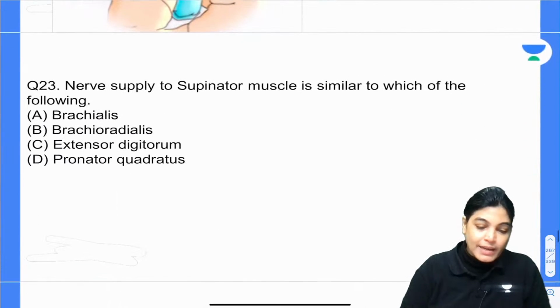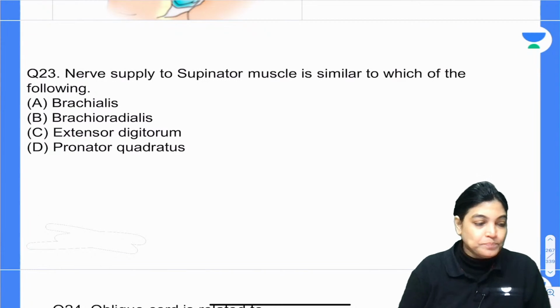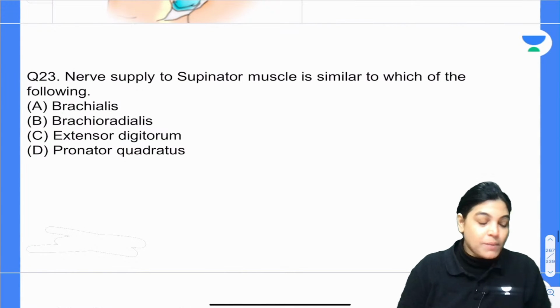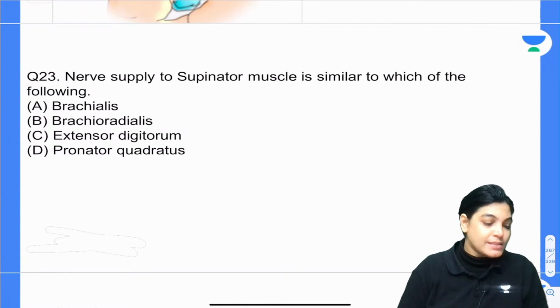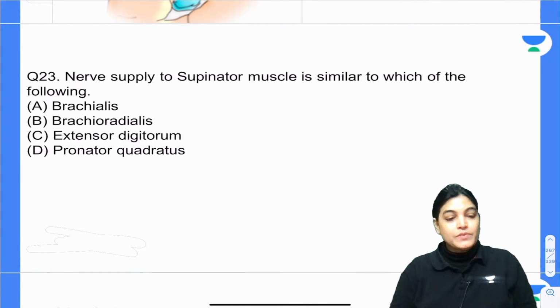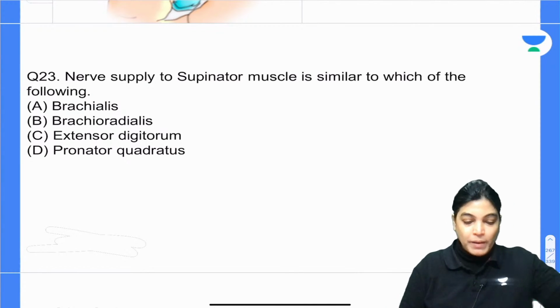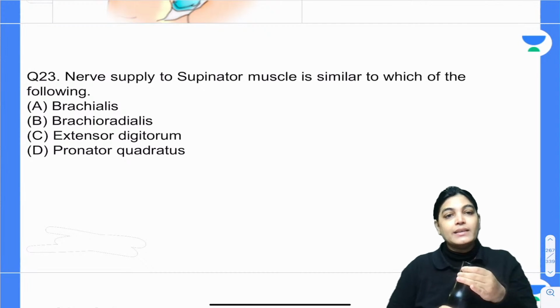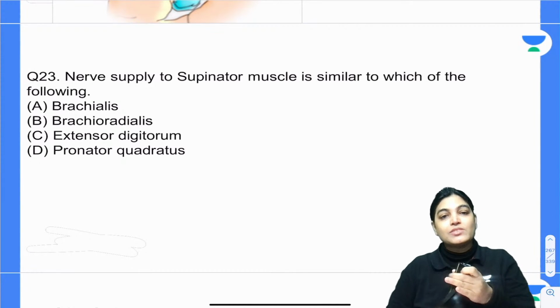So, let's move on to the next, that is question number 23. Nerve supply of supinator muscle is similar to which of the following muscles: brachialis, brachioradialis, extensor digitorum or pronator quadratus?